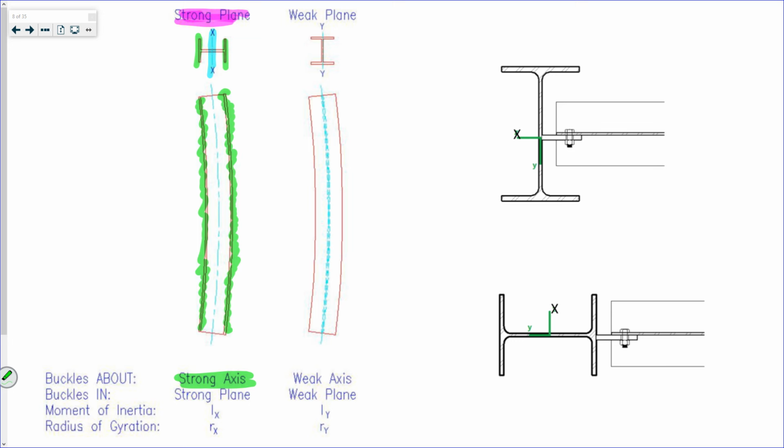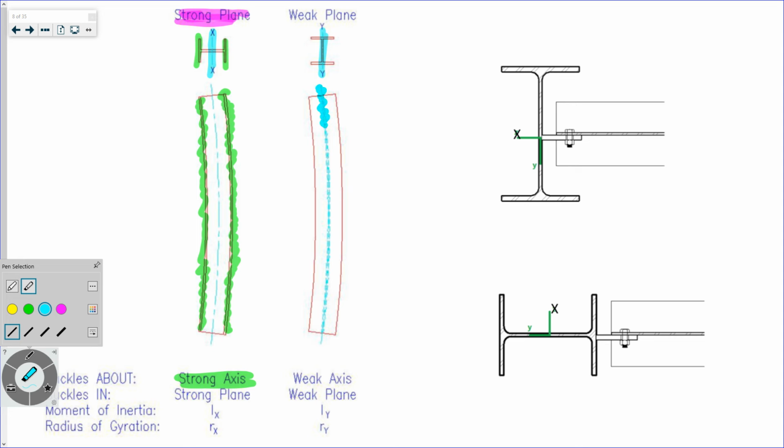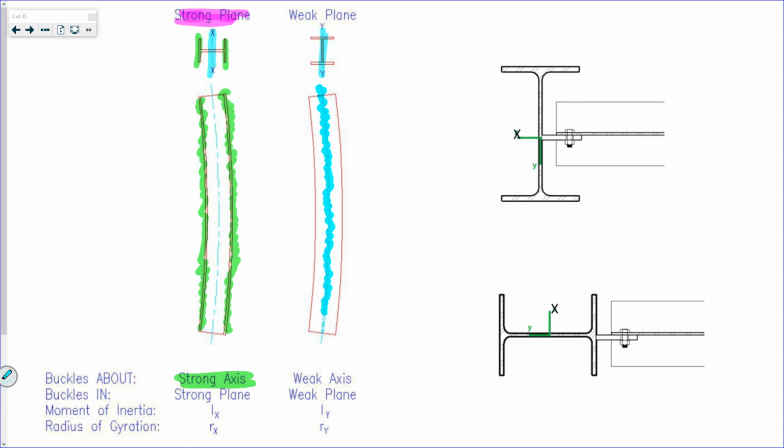Whereas if we're talking about the weak plane, this center line right here, corresponding to the YY axis, also happens to be the web.